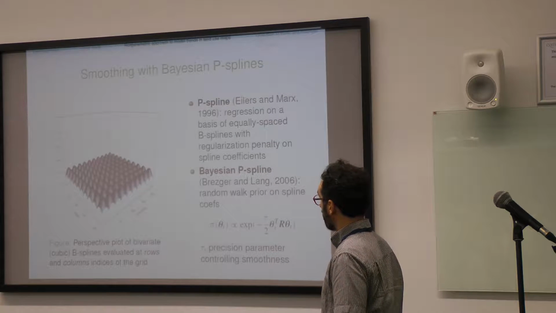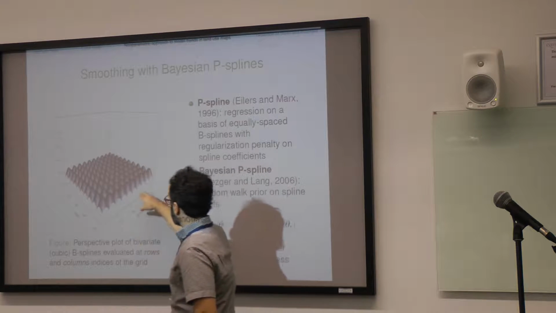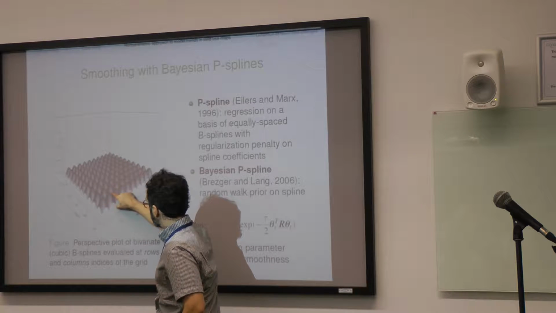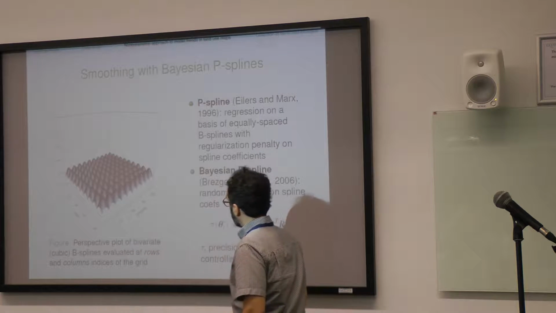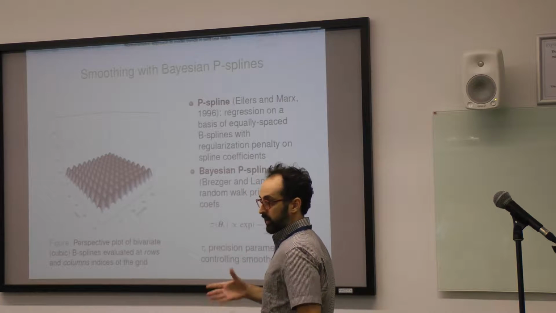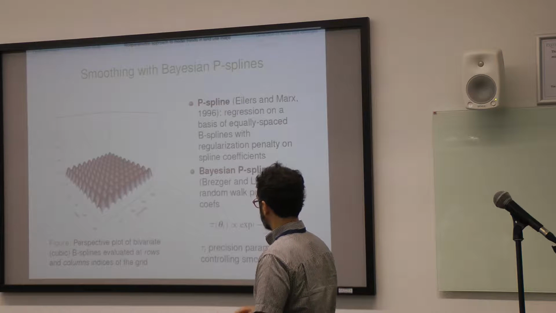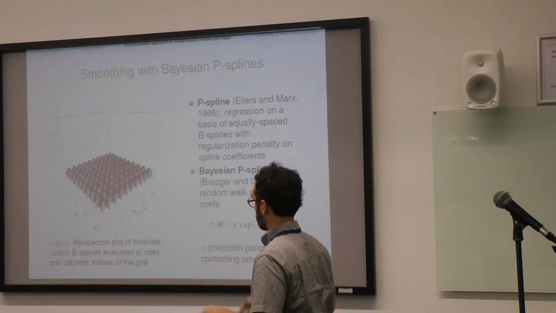So what you have to do is use a b-splines basis. This is a basis made of equally spaced b-splines, which are these little caps here, and it is basically a regression on this basis of b-splines, in a way that some smoothness is forced.